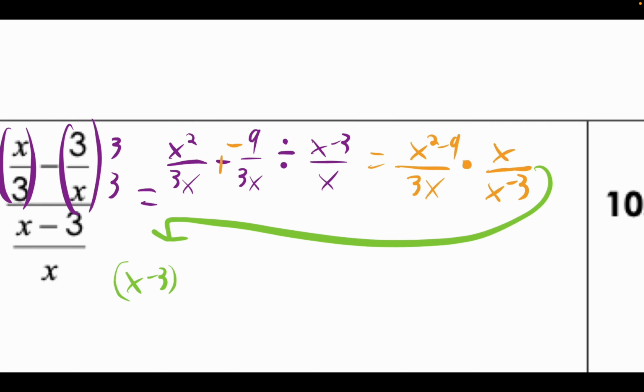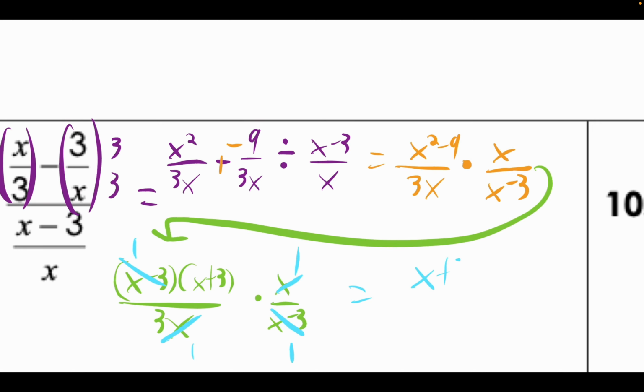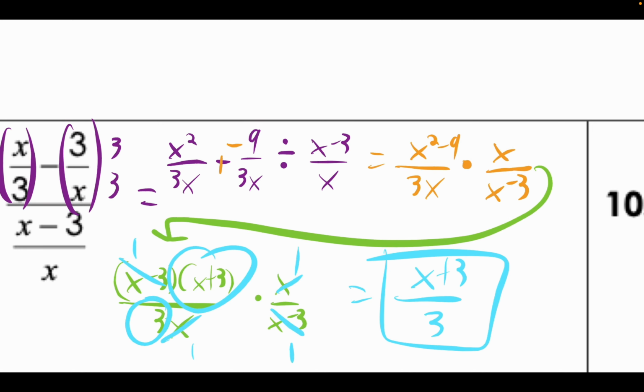That's x minus 3 and x plus 3 over 3x times x over x minus 3. So now I just look to reduce. x minus 3 and x minus 3 reduce to 1, and x and x reduce to 1, leaving me with x plus 3 over 3 here and here. And that would be my answer.